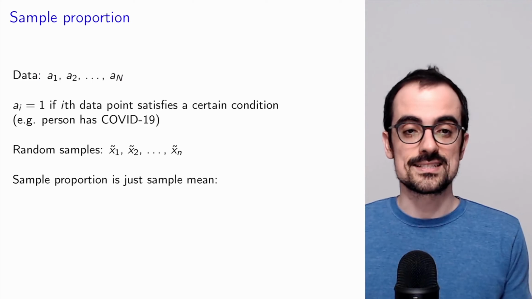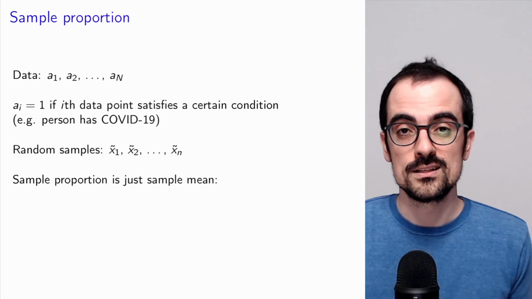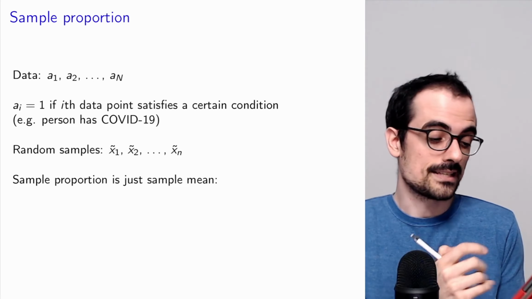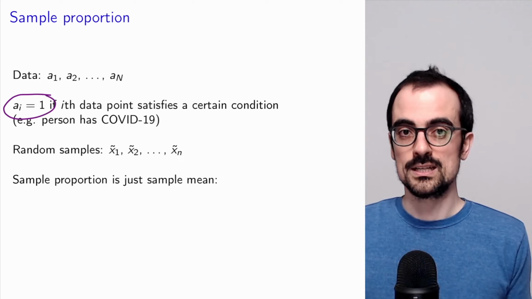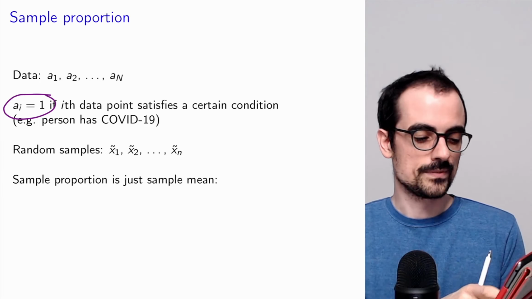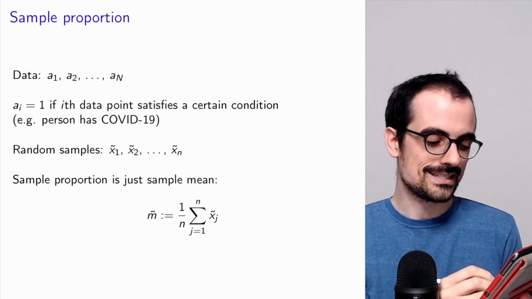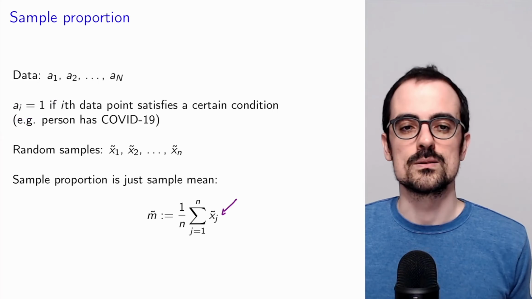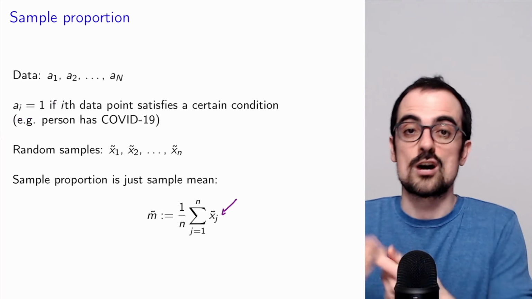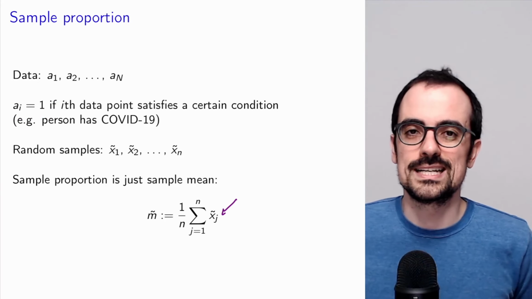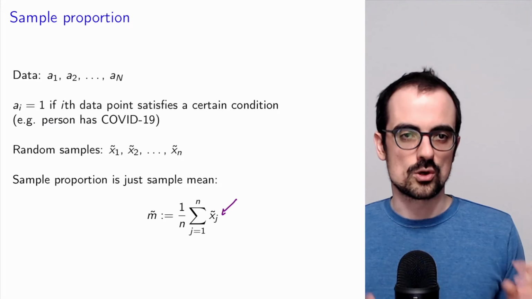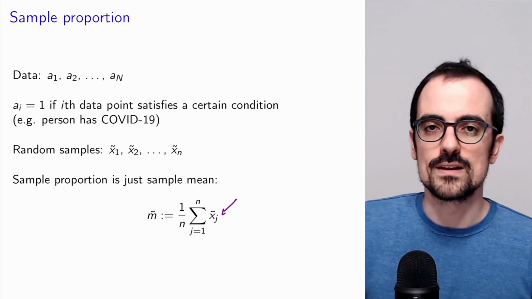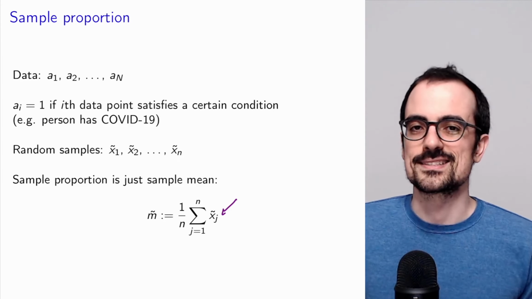And in that case, the sample proportion among the n measurements is just the sample mean, right? Because we obtain it by counting how many of the selected people had COVID-19 and divide by n. Equivalently, we sum these random variables that we selected, and by summing, we get the number of them that are equal to 1, and we divide by n. Okay, so hopefully you see that there's this complete equivalence. The sample proportion is actually just a sample mean.